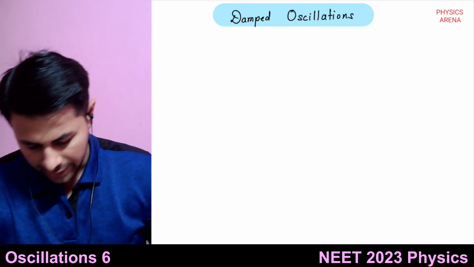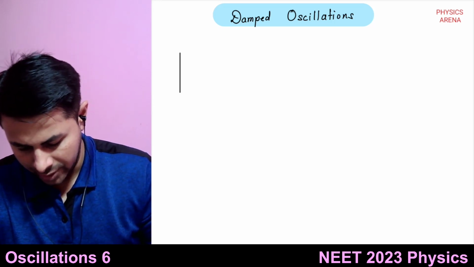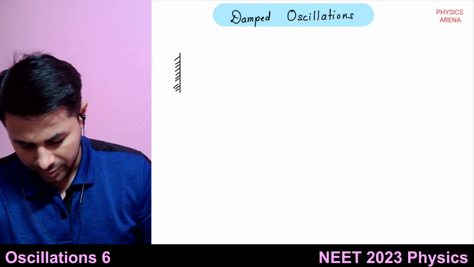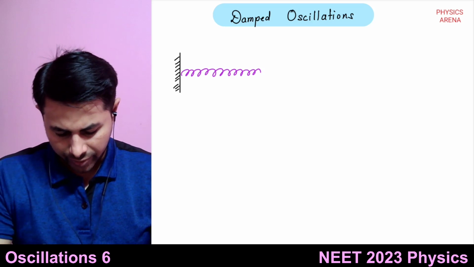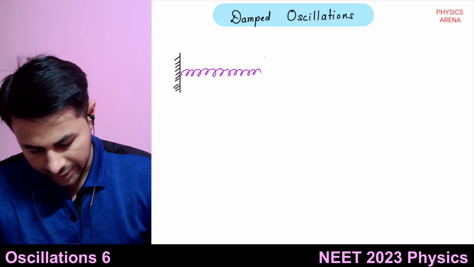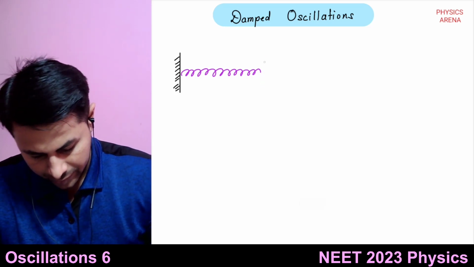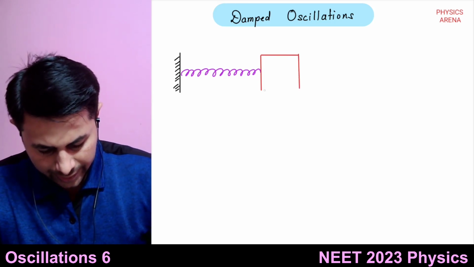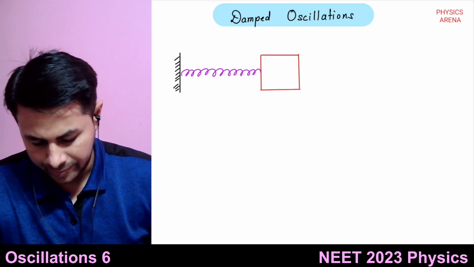So now let's suppose that we have the spring block system. This is a spring whose one end is connected to this rigid support, its other end is connected to a block, and it is kept in some viscous medium.